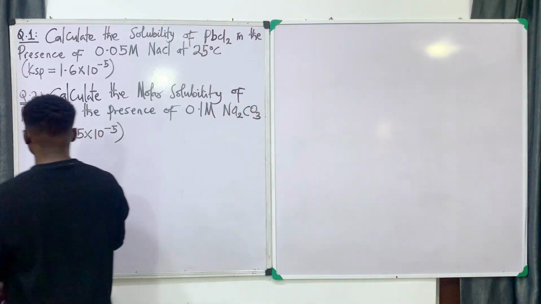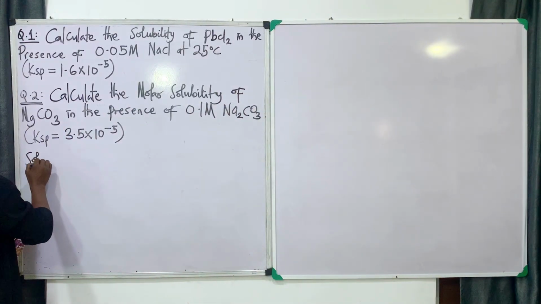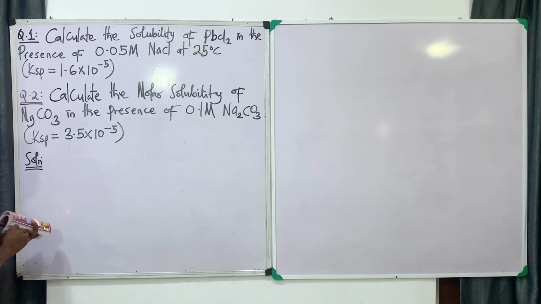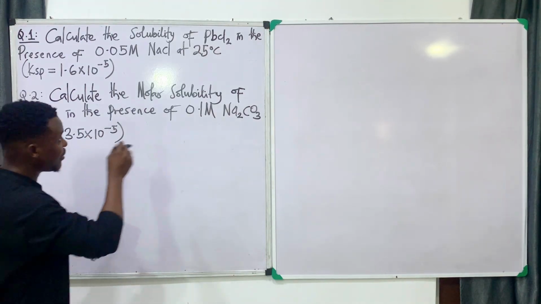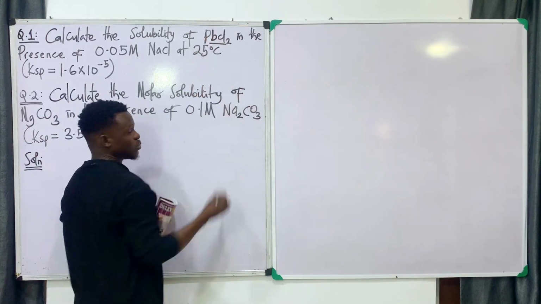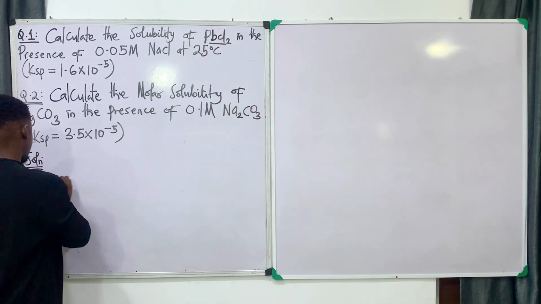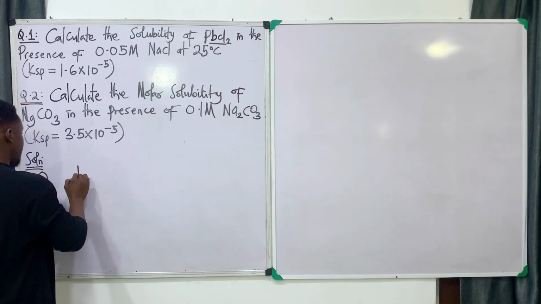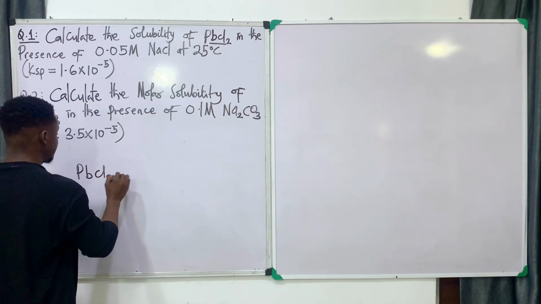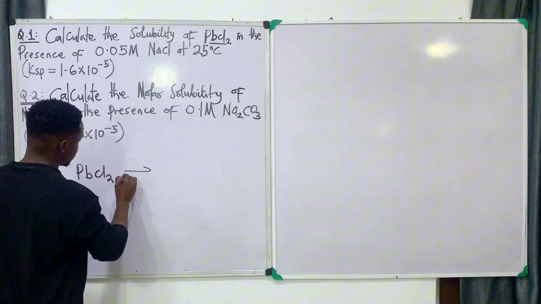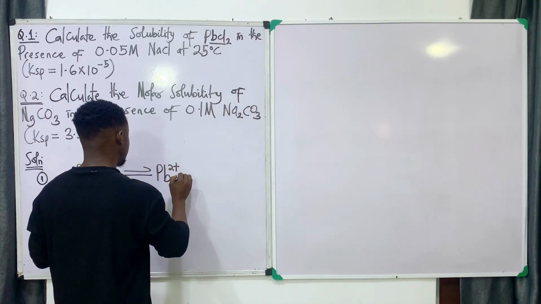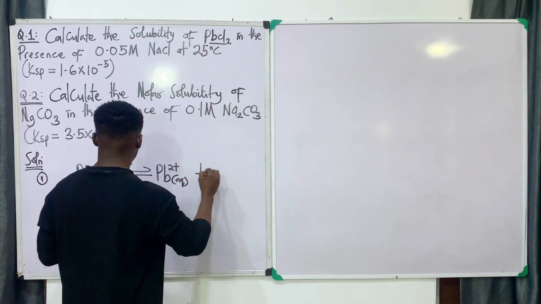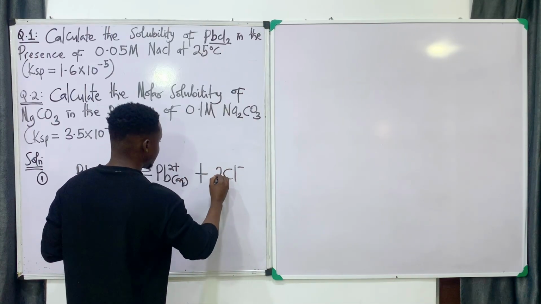Solution. The first thing you're going to do is write Ksp for the salt. The sparingly soluble salt is PbCl2. For the first one, PbCl2 becomes Pb2 plus and Cl minus.